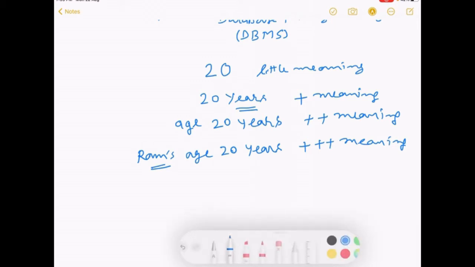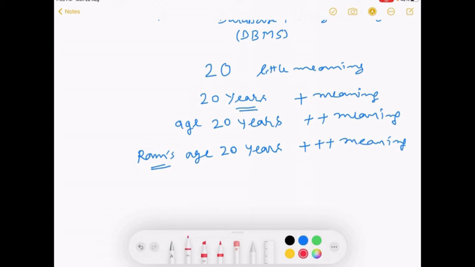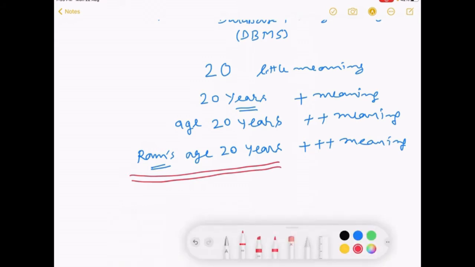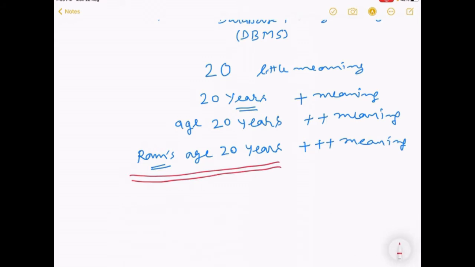So I can say now this has somewhat more meaning. So at every stage I have added some meaning. Earlier it had almost no meaning or very little meaning, and then with 20 years I added meaning. Then again I added more meaning, age 20 years. Now Ram's age 20 years.